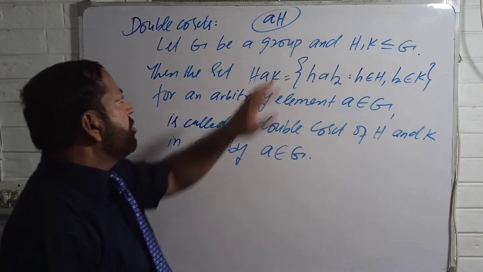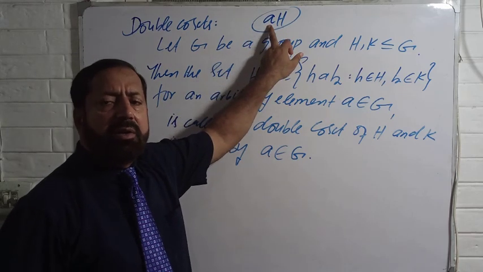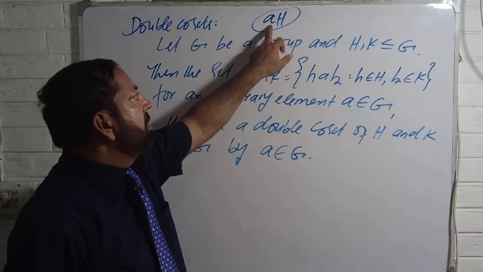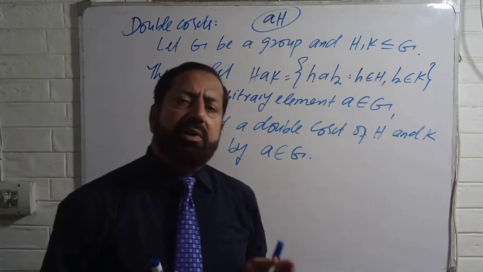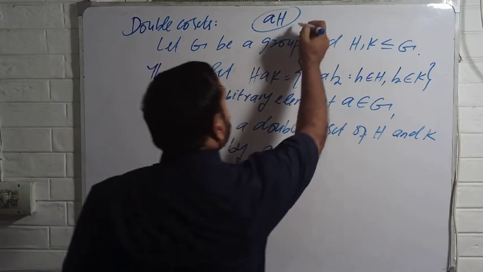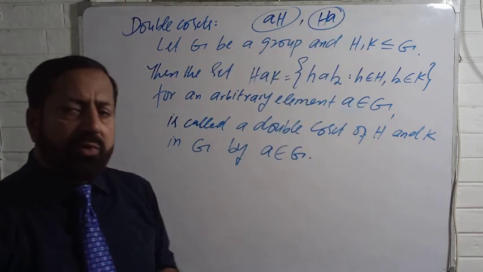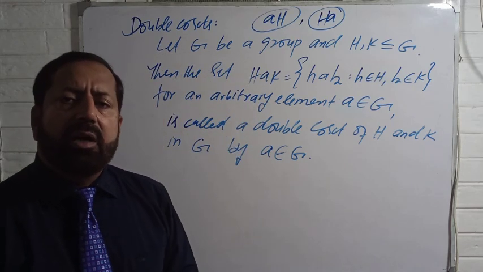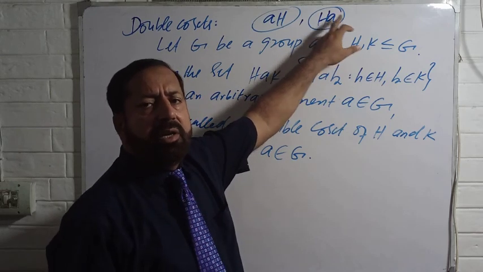We used to symbolize the set of all left cosets of H in G by a as aH. Similarly, in our previous classes we have given the idea of right coset, that was Ha, and we used to symbolize the idea of right cosets of H in G by a.